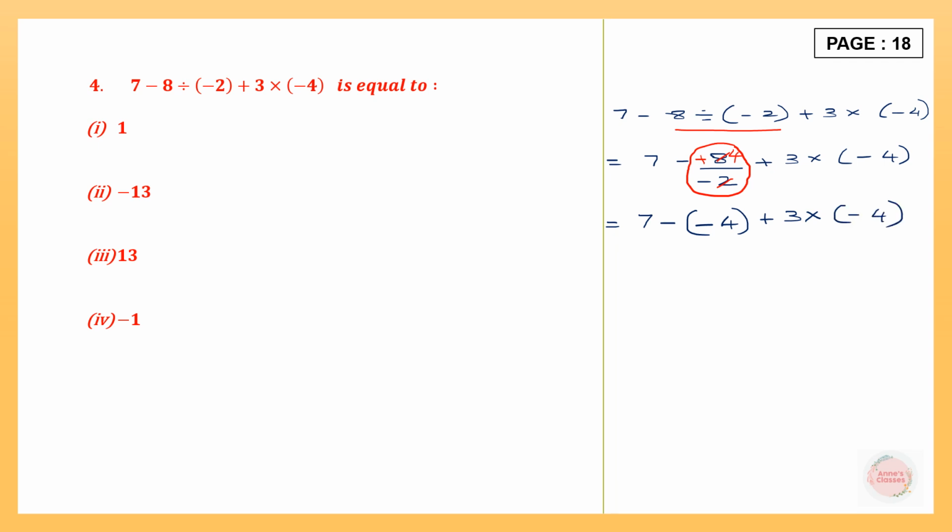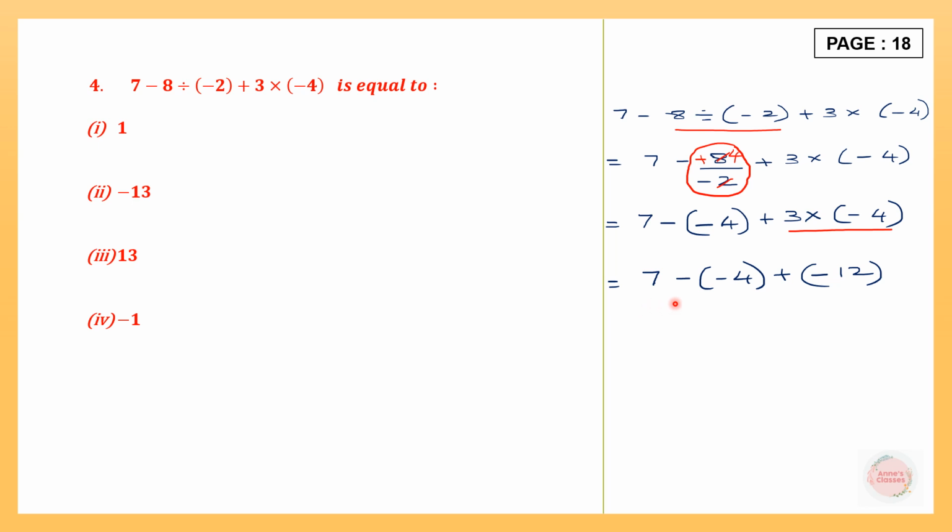So now what are our operations? We have subtraction, we have addition and multiplication. According to BODMAS, we should do multiplication next. So let's write that. So 7 minus -4 plus, now let's multiply 3 into -4. So when signs are different in multiplication, plus into minus will be minus. 3 4s are 12.